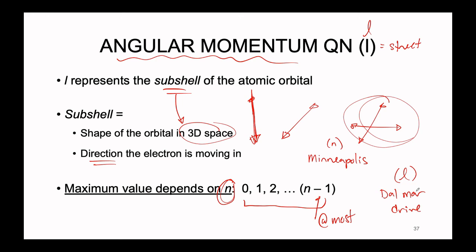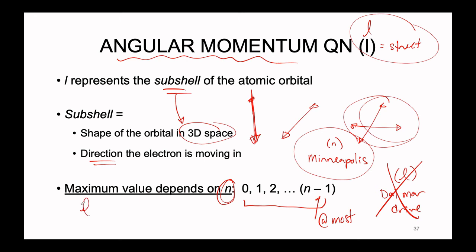So Dalmar Drive cannot be used to try and further describe where the electron is in the city of Minneapolis. It just doesn't work. So we need to make sure that our L, which is supposed to represent the street, works with the city, the n, that has already been defined.